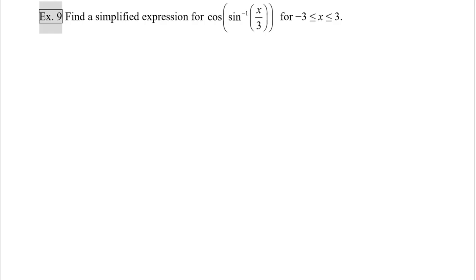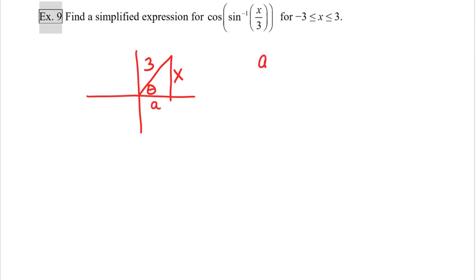Okay, there's no reason to do this any differently than what we were doing before. I'm going to draw an angle in quadrant 1 that has a sine that's equal to x over 3. So here's my angle. The sine of this angle is x over 3. That means the opposite side is x and the hypotenuse is 3. Now if I want to find my missing side, I'll just call that a.